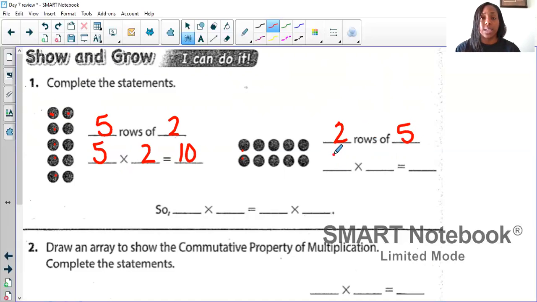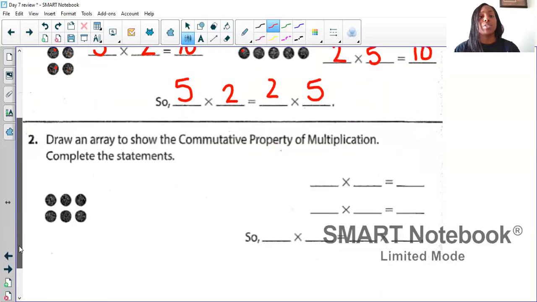So what should that look like? 2 times 5 equals 10. Very good. So what do I write for this side? 5 times 2. And what do I write over here? That's right. 2 times 5. So 5 times 2 equals 2 times 5.